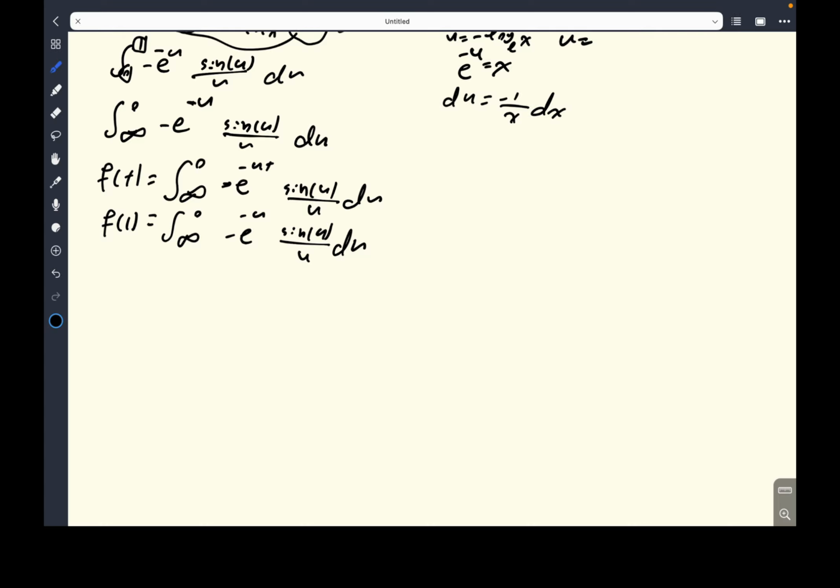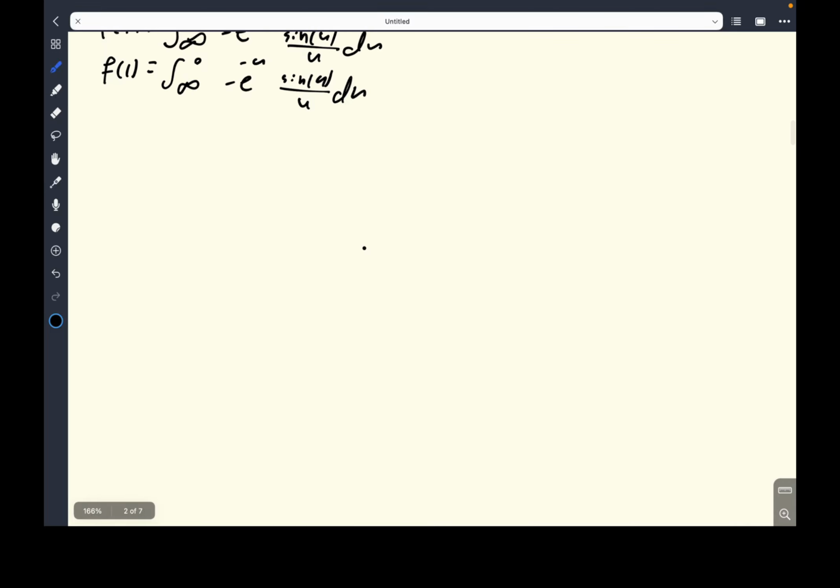Okay, so now I'm going to differentiate both sides, and this is going to become a partial derivative when it moves into the integral: negative e to the negative ut sine u over u du.